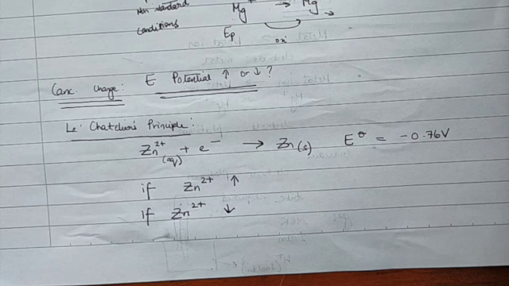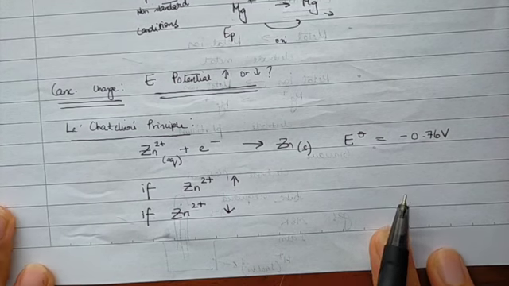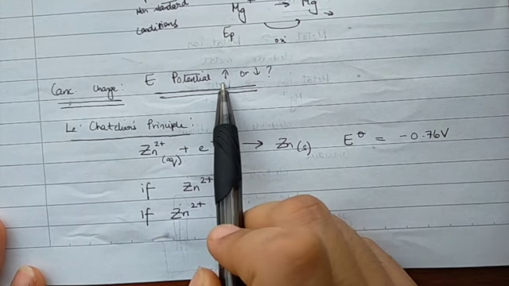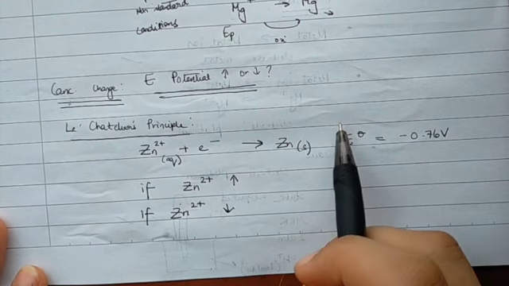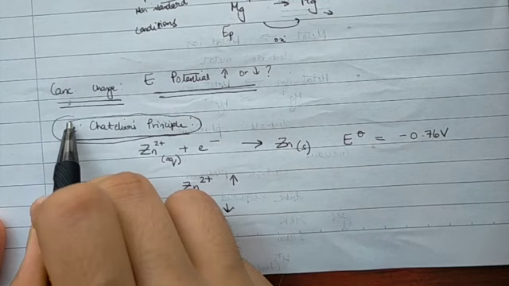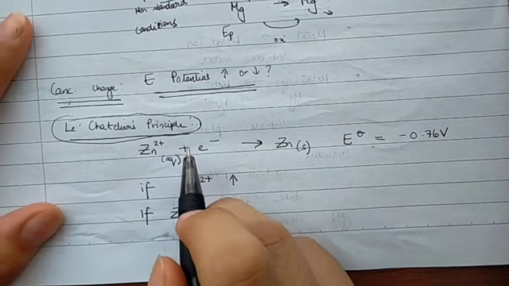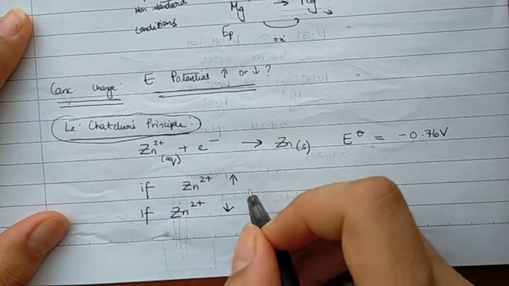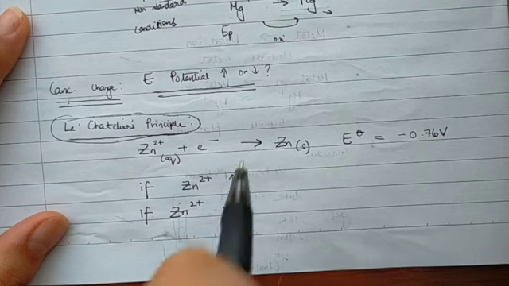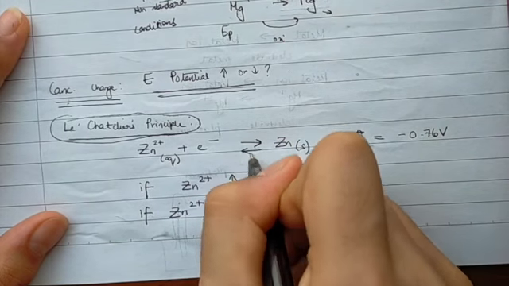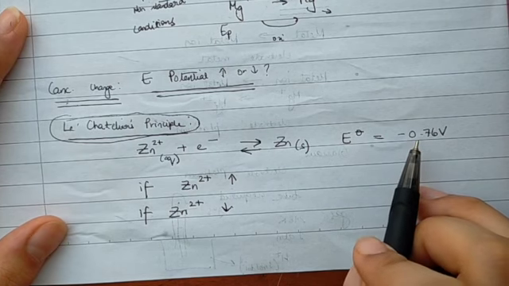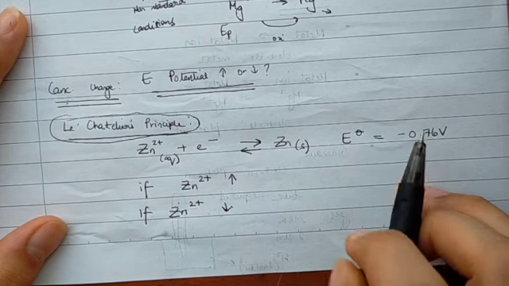Now the last thing that you need to know for electrochemistry is when you change the concentration, what happens to the electrode potential? Does it increase or does it decrease? Well, for this, all you need to do is apply Le Chatelier's principle, and this is what you've learned in IGCSE. So let's look at an example. If you have this equation of zinc, so this is an equilibrium equation, and the electrode potential for zinc is minus 0.76.